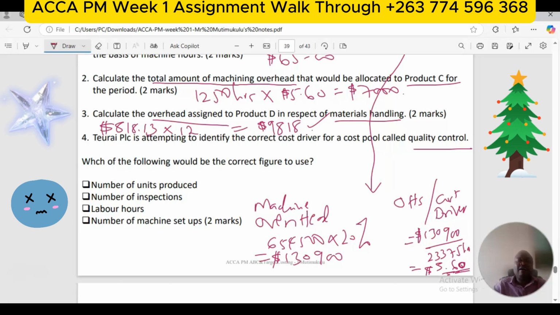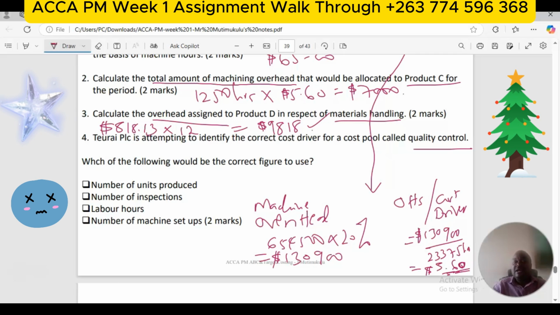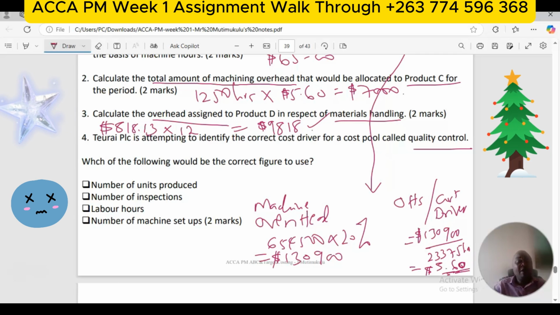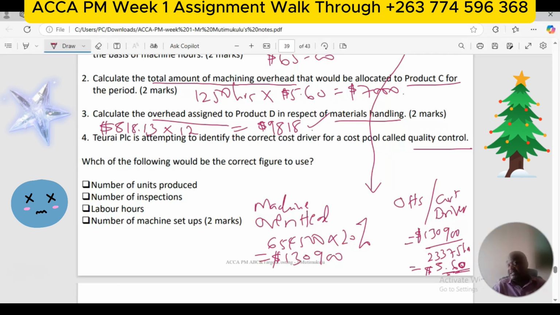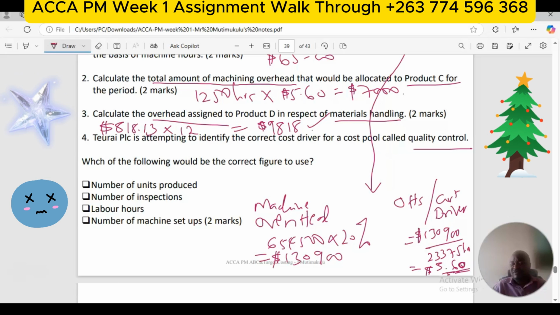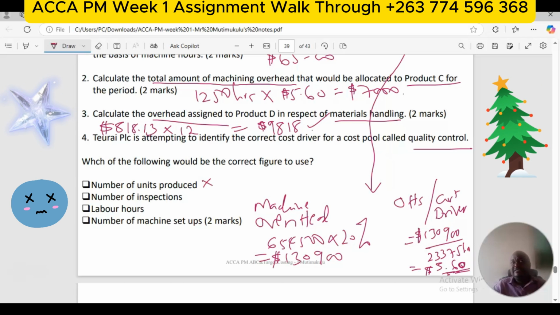Shall we assess the quality cost by the number of units produced? Does it mean that if you produce 1,000 units, we were incurring so much in quality control costs? Obviously, it doesn't augur well.